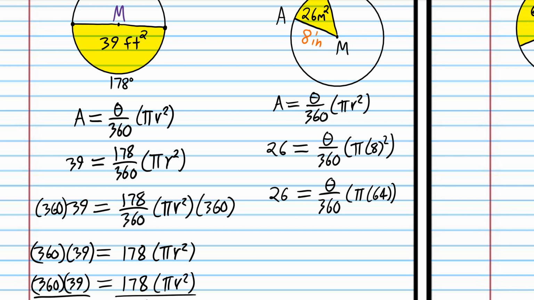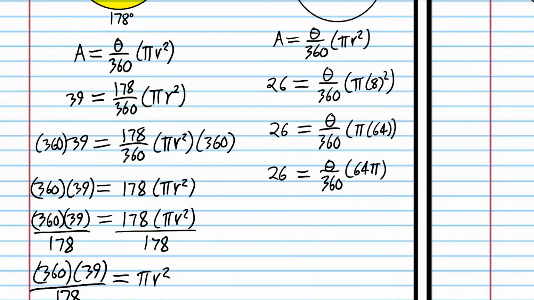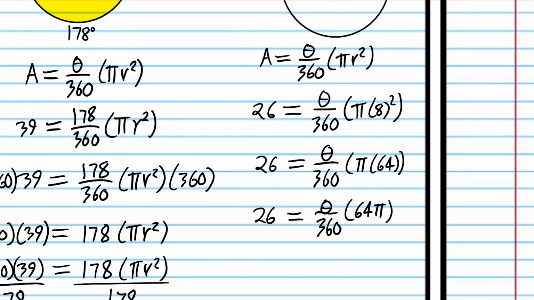And now we're just going to rewrite and multiply both sides by 360. I'm going to go ahead and write 64 pi because it's traditional to write the number before pi. And so we're going to multiply by 360.